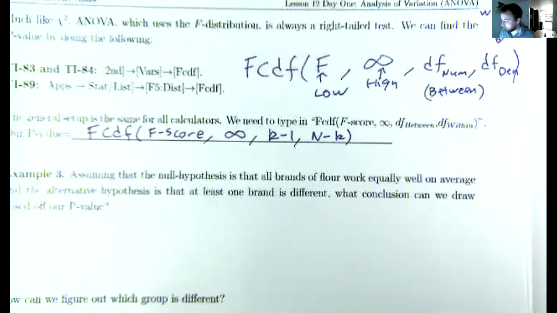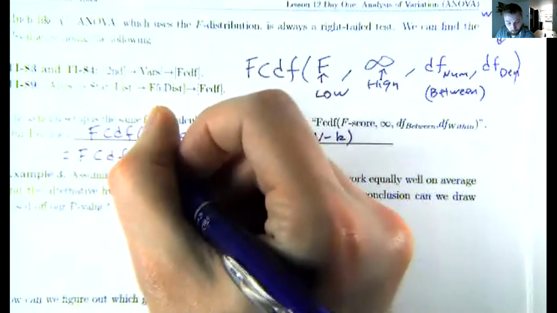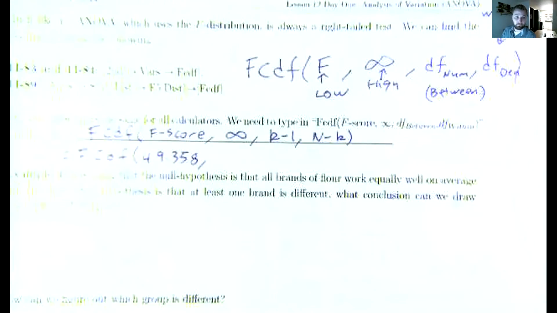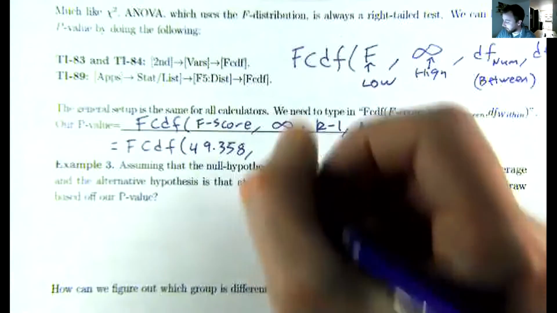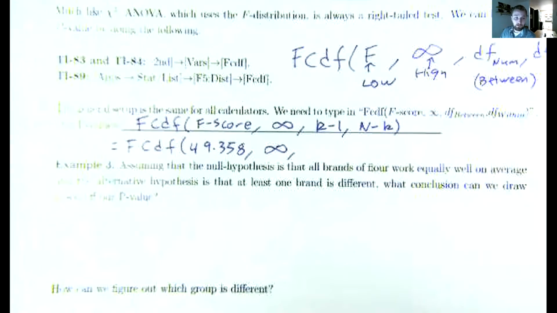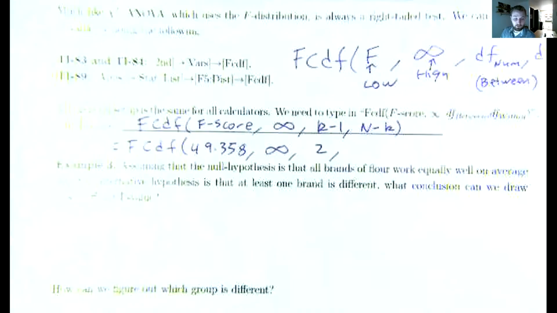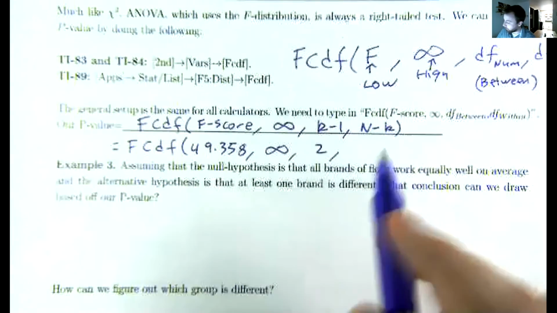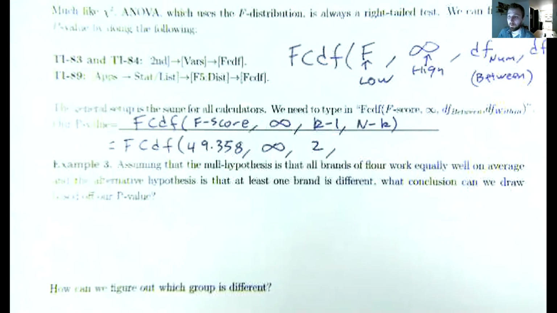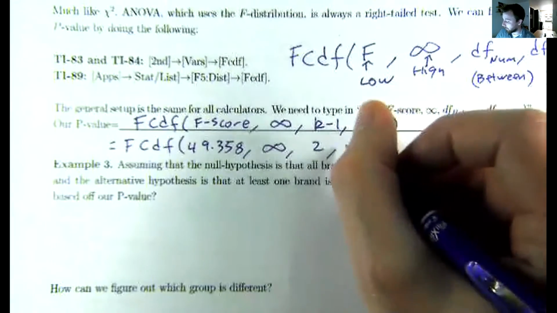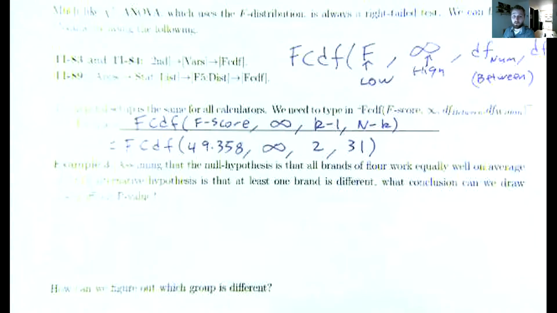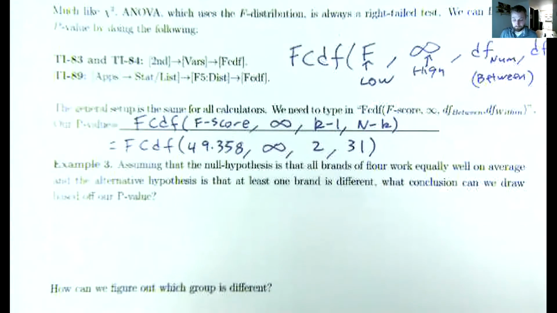For our values, we had an F-score of 49.358. It was a right-tailed test, so this was shaded towards infinity. Number of groups minus 1, 3 minus 1 gave me 2. I had 34 values, take away 1 degree of freedom for each of the 3 groups. 34 minus 3 gave me 31 for that second denominator.